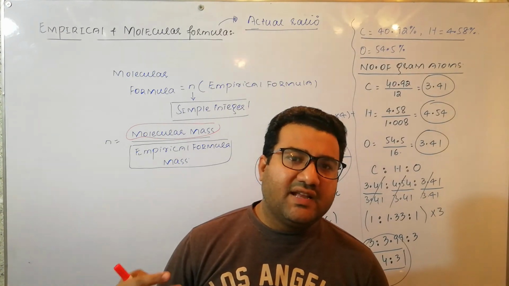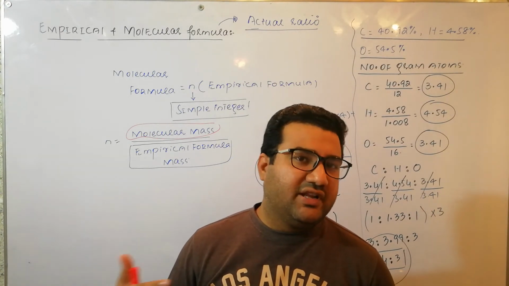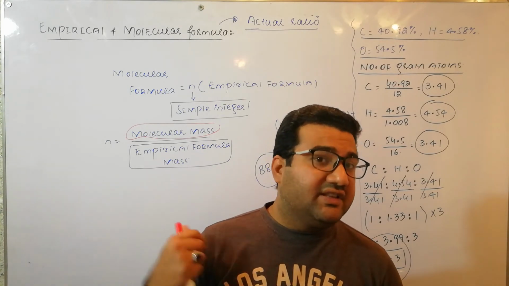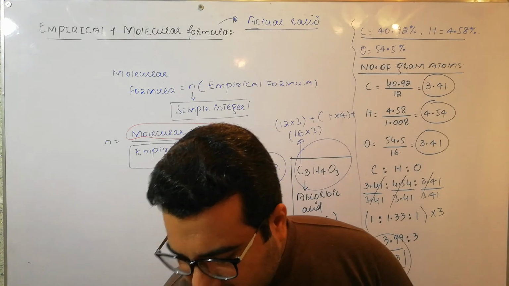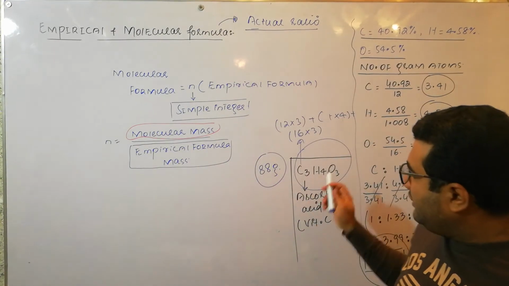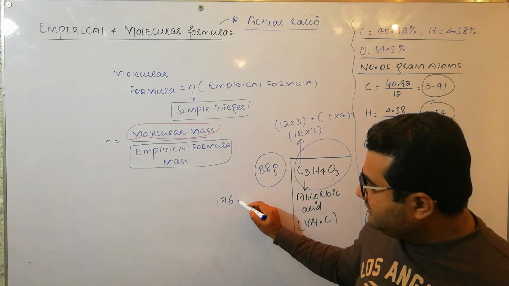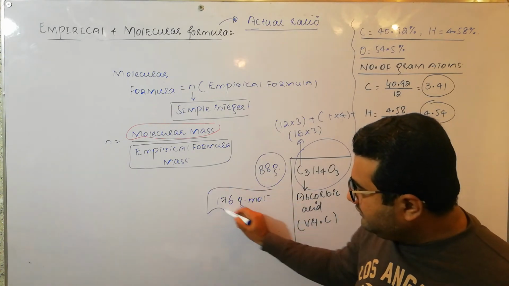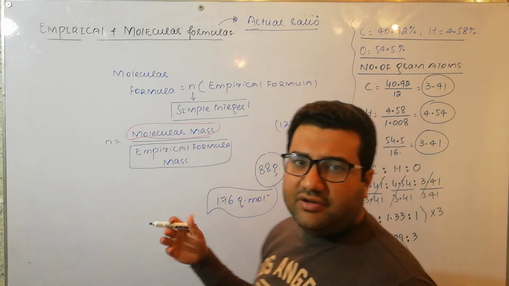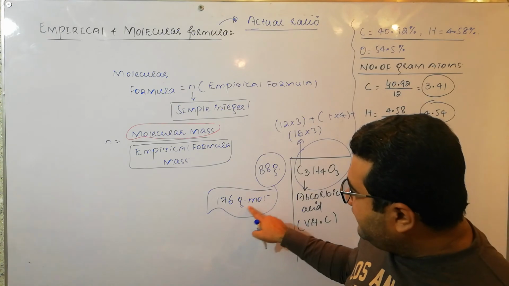Whenever you solve a numerical in which the molecular formula is required, you will always be given this molecular mass. The molecular mass of ascorbic acid is 176 grams per mole. It will be given to you, and it is calculated by using different techniques.